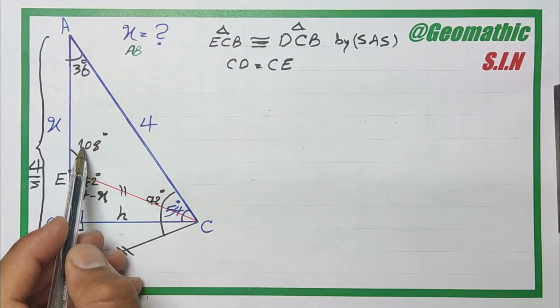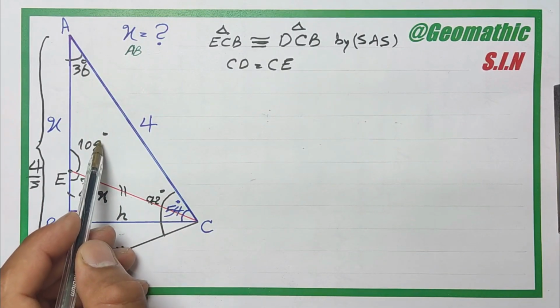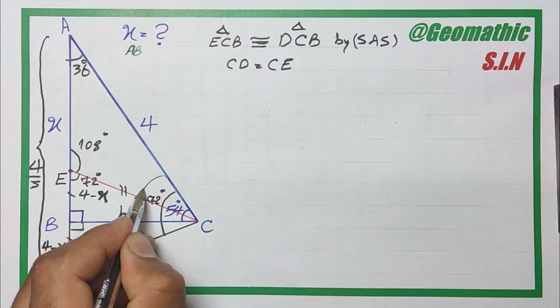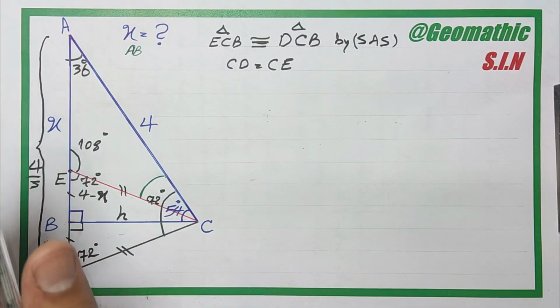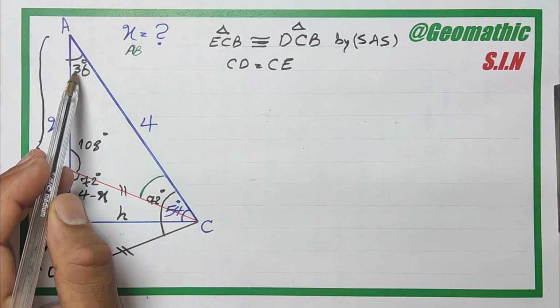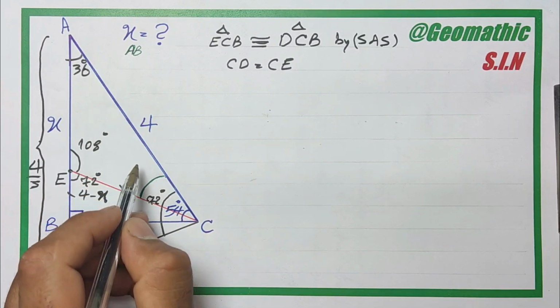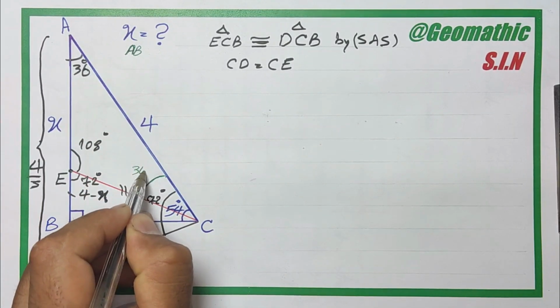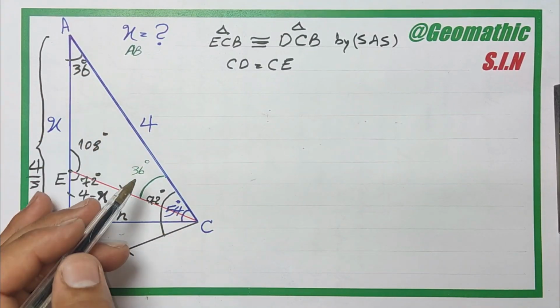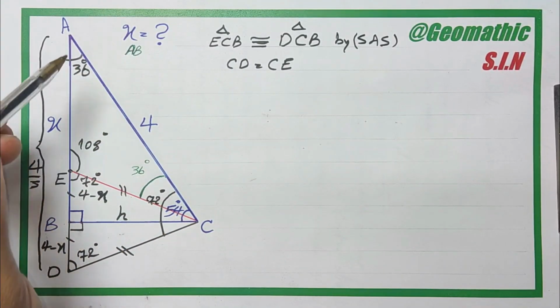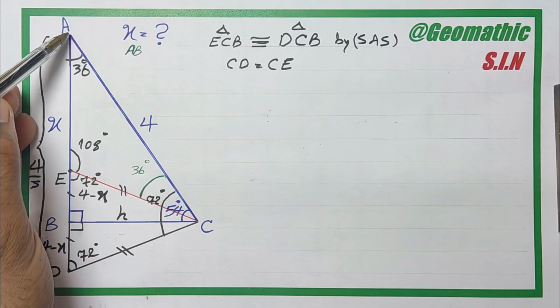Let's look at triangle AEC. 36 degrees, 108 degrees, and the last one is clear: 180 minus 36 minus 108, which is equal to 36 degrees. And that tells us triangle AEC is an isosceles triangle too.